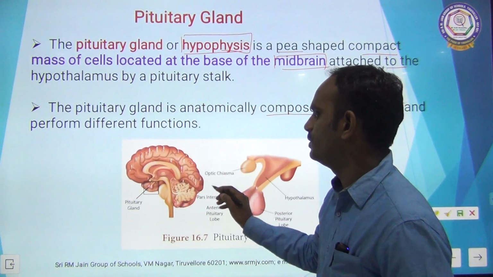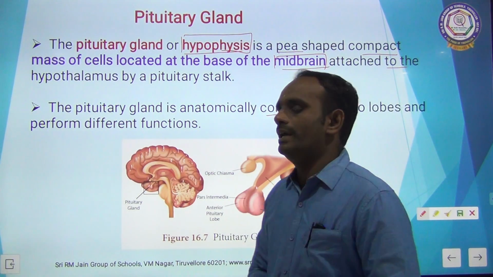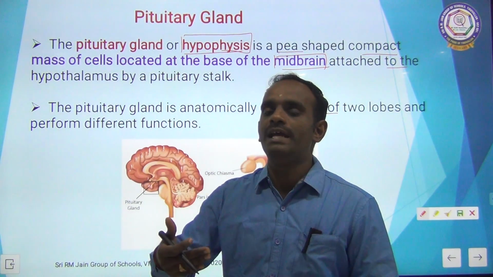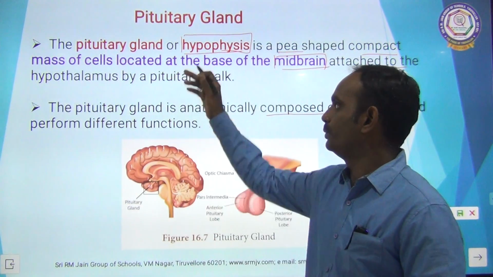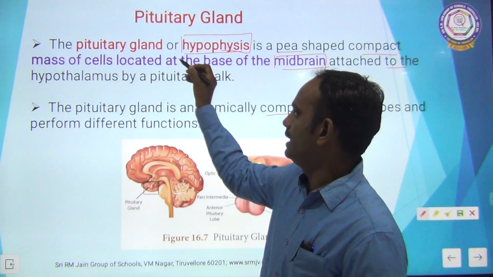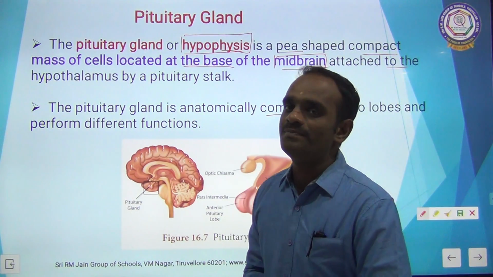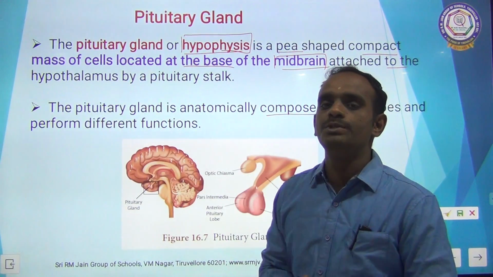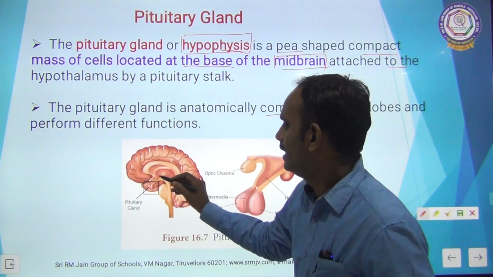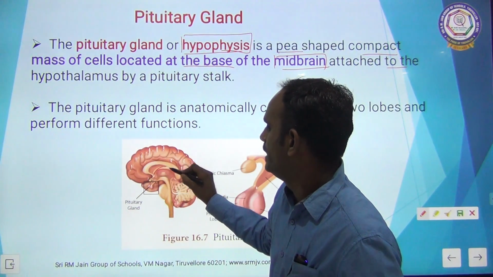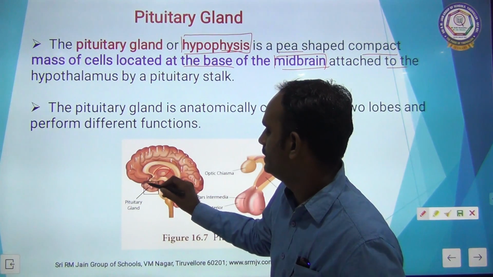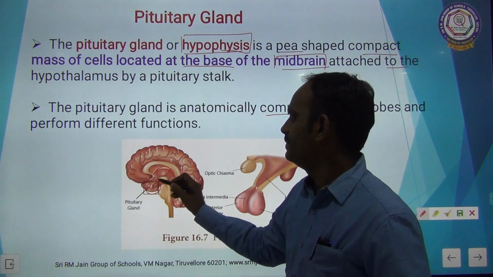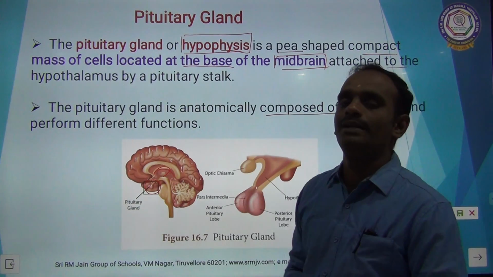See the structure of human brain. The human brain mainly has three major parts: forebrain, midbrain and hindbrain. This pituitary gland is located at the base of the midbrain, and it is attached with the hypothalamus by a pituitary stalk. See here, this part is called midbrain, and at the base of the midbrain there is a gland called pituitary gland, and this gland is attached with hypothalamus by pituitary stalk.